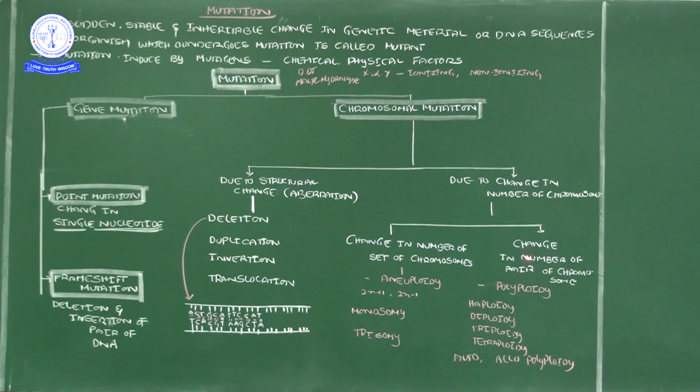The other is a change in the number of pairs of chromosomes. See here I changed a small word. First, due to the changes in the number of chromosomes, the first type is changes in the number of pairs of chromosomes. Here, change in the number of sets of chromosomes.